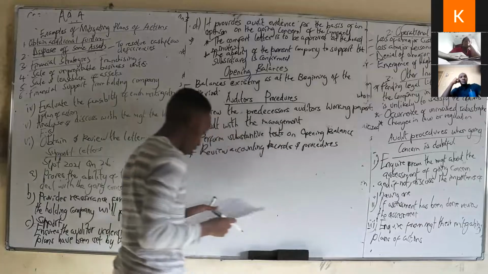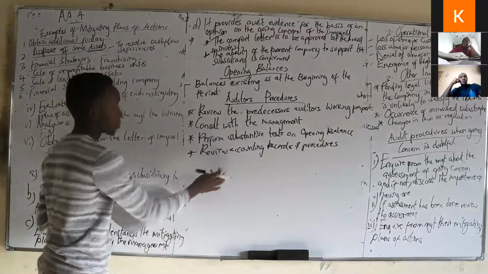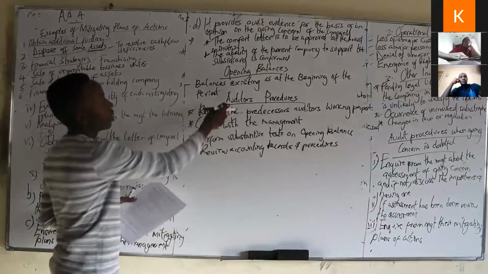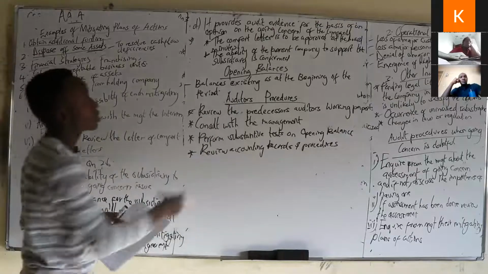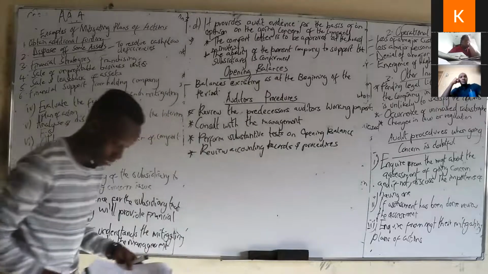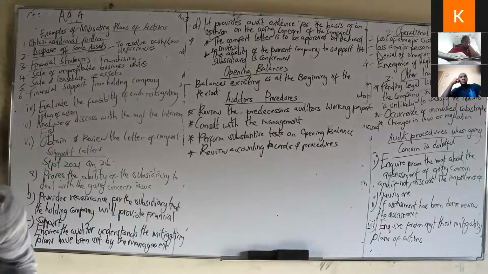So this is on the basis of the auditor's procedures on the opening balances. This is very important because everything is adjusted from the opening balances throughout that accounting period.